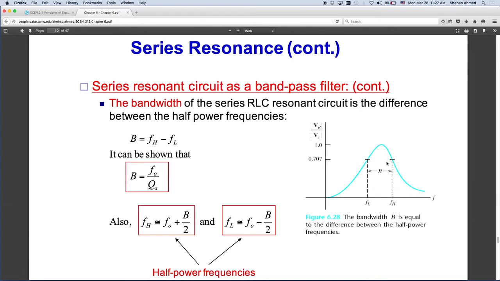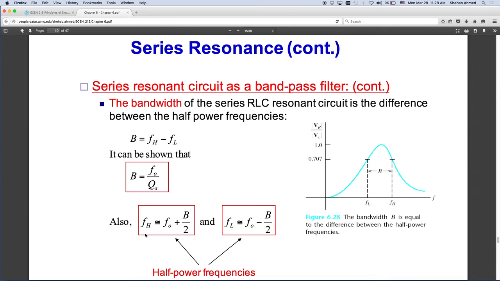It's the point where the magnitude is minus 3 dB less. And this occurs at 2 points, of course, in the bandpass filter. There's a lower half-power frequency point and a higher half-power frequency point, and these occur at an equal distance from the resonance frequency.